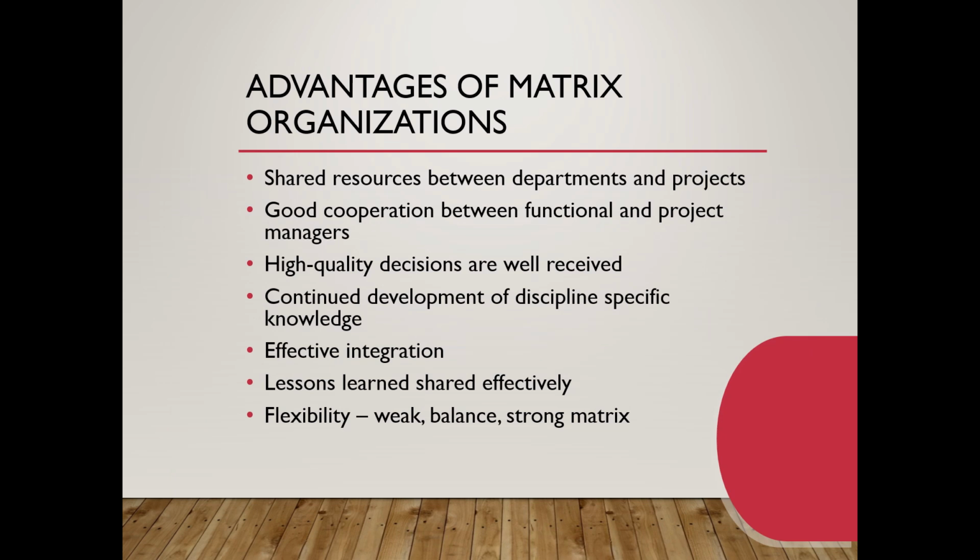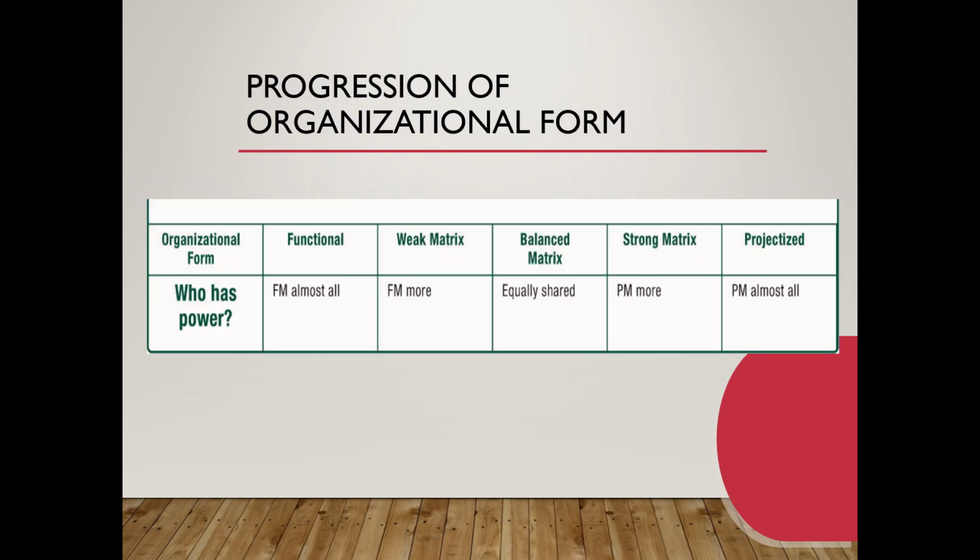So the advantages of matrix structure are that the functional expertise is there, the experts are consulted, decision making is more collaborative, operationalization is made accountable, and there is no compromise in speed, etc.